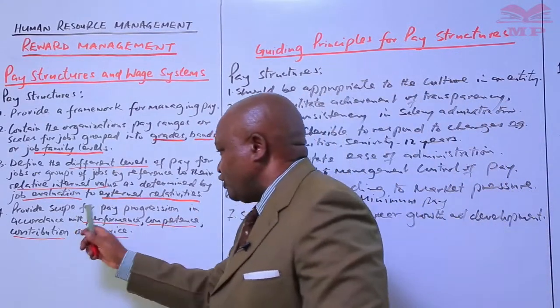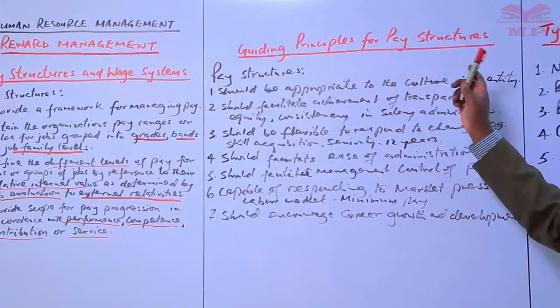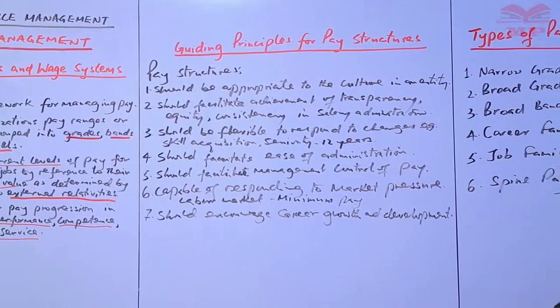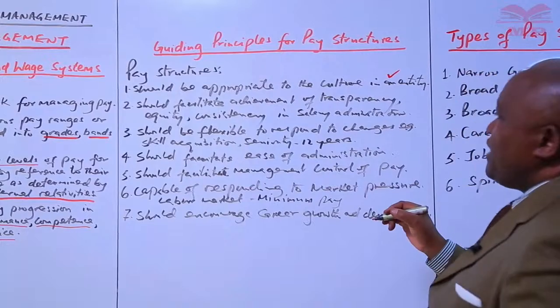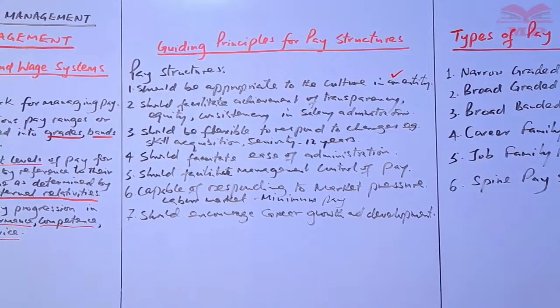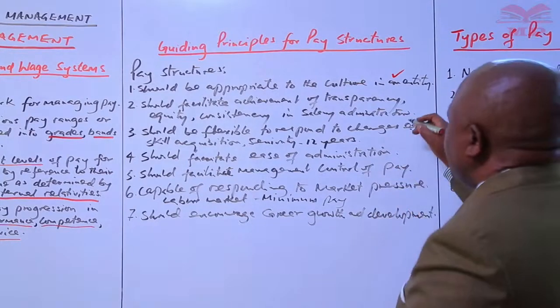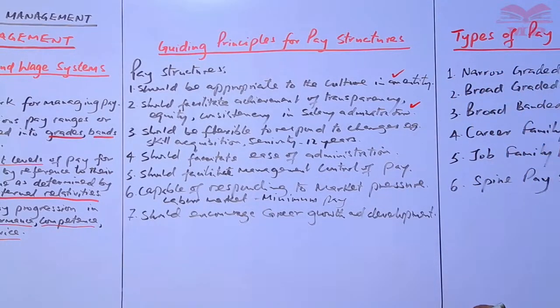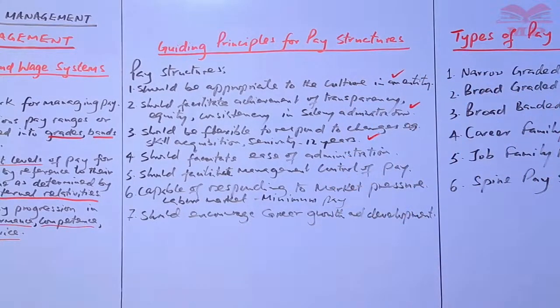Then we have also looked at the guiding principles for pay structures, and we have indicated, dear learner, that pay structures, number 1, should be appropriate to the culture in an entity or an organization. Number 2, pay structures should facilitate achievement of equity, consistency, transparency in salary administration. Number 3, pay structures should be flexible to respond to changes, for example, in skill acquisition, seniority.